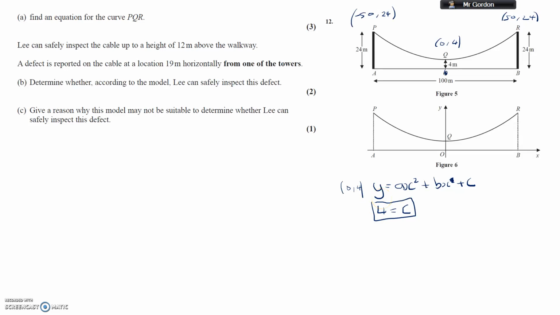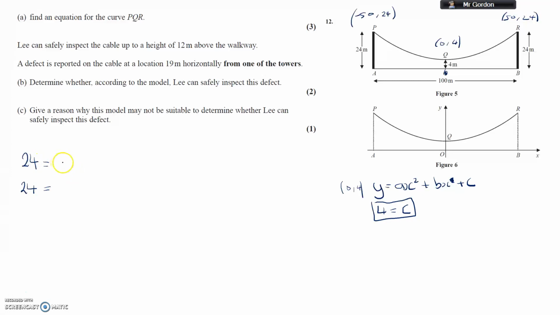The second part, working out a and b, we're probably going to have to do together using simultaneous equations. So I'm substituting in the two coordinates that I have left, at the top of the towers, P and R, into this equation here. They both equal 24, that's the y value.